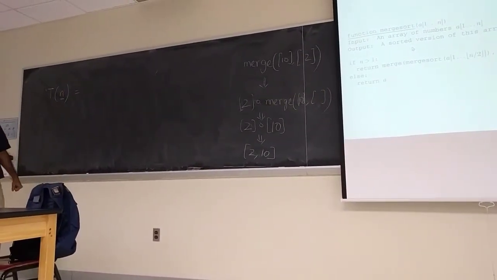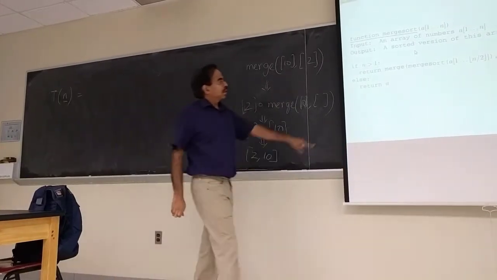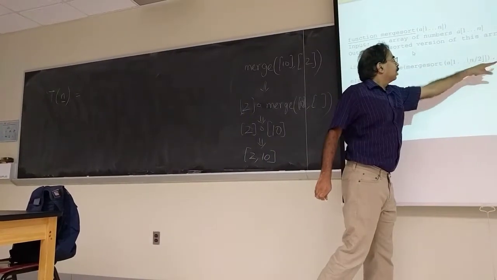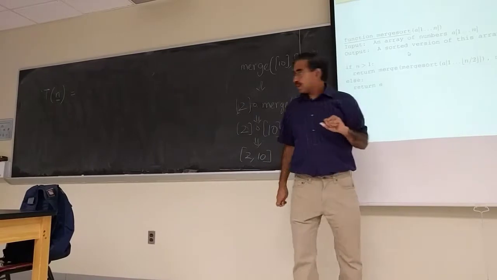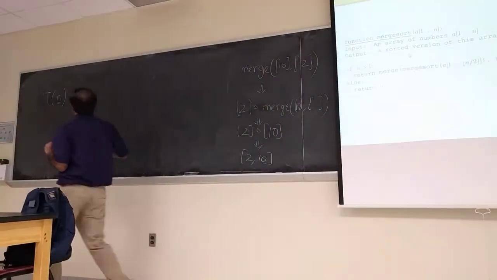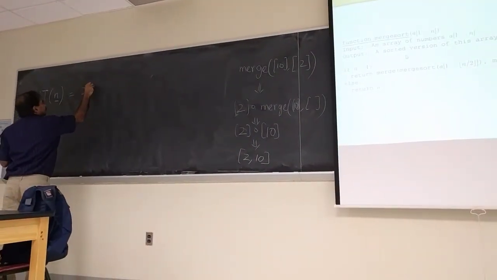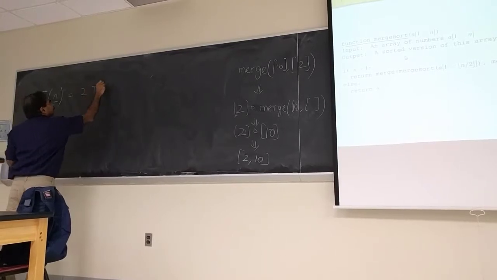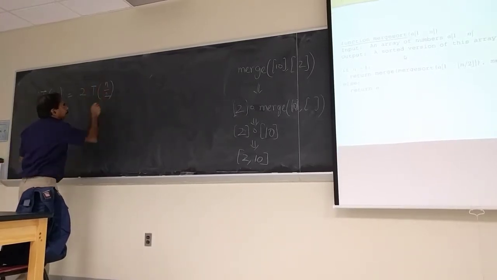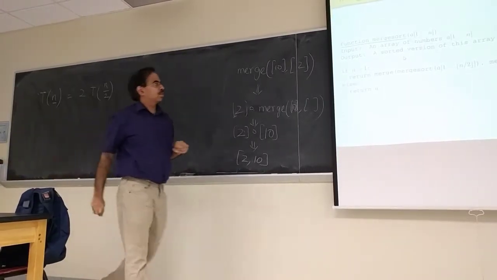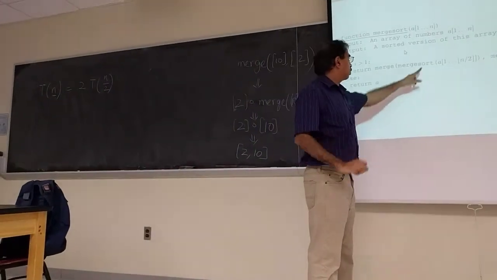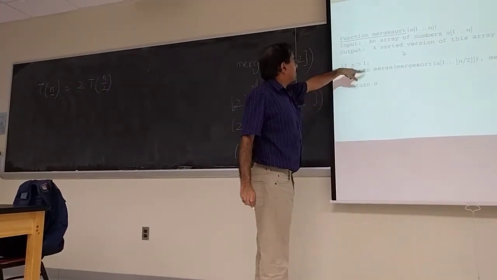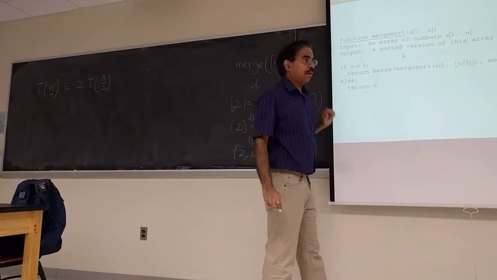We are going to call merge sort on half of the list, and we're going to do that 2 times. So we have 2 times T of n by 2, since we have divided the list into 2 halves, plus we need to do the merge.